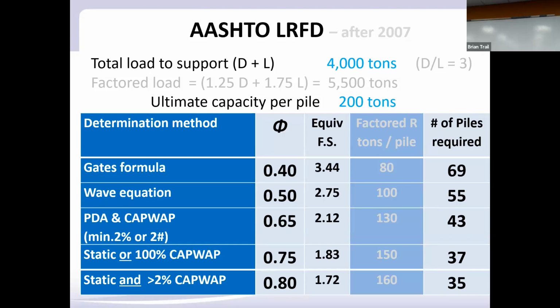We get 80 for a formula, and we get 150 for a static load test. And then doing the same computation, we wind up with the number of piles that are required. And we have almost a factor of 2 between a very inaccurate way to determine the capacity and a very accurate way to determine the capacity. So we've saved essentially 50% of the cost of the foundation.